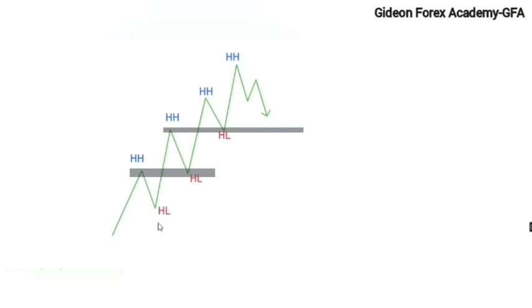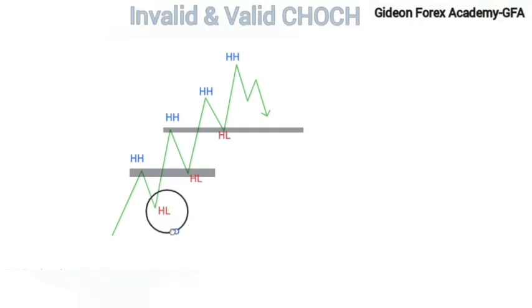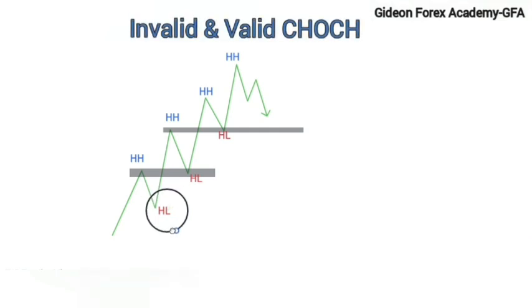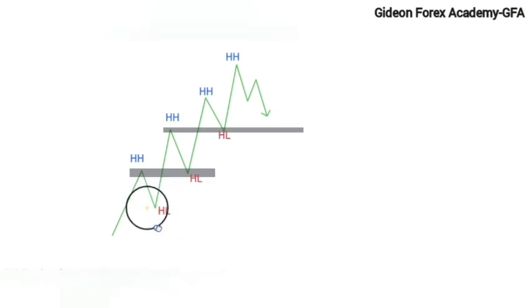And we are going to concentrate on the validity of the higher lows because we are looking at change of character, invalid and valid change of characters, and when to place our trades. So you can see this higher low is valid. Why? Because after this higher low, you have that higher high created.